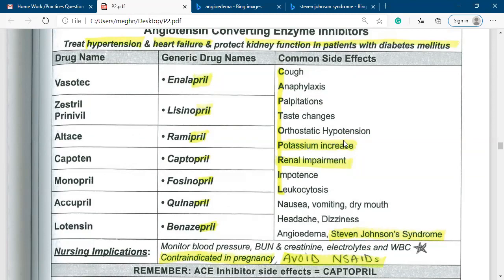So as an RN or LPN, what do you educate your patient? You have to educate your patient who has to take the angiotensin converting enzyme inhibitor, when they need to change posture, like if the patient is lying down and needs to stand up, you tell them first, while lying down, sit on the edge of the bed for a minute, then take a deep breath.